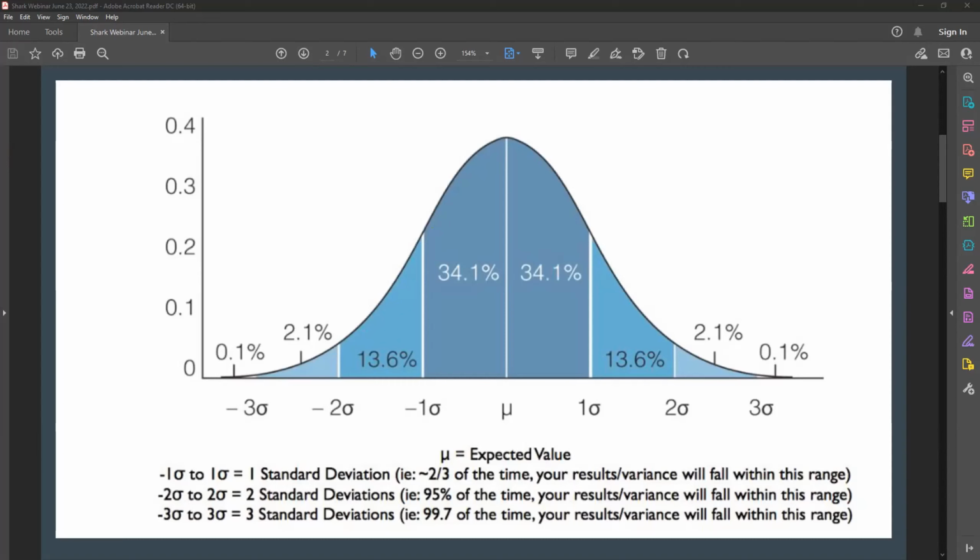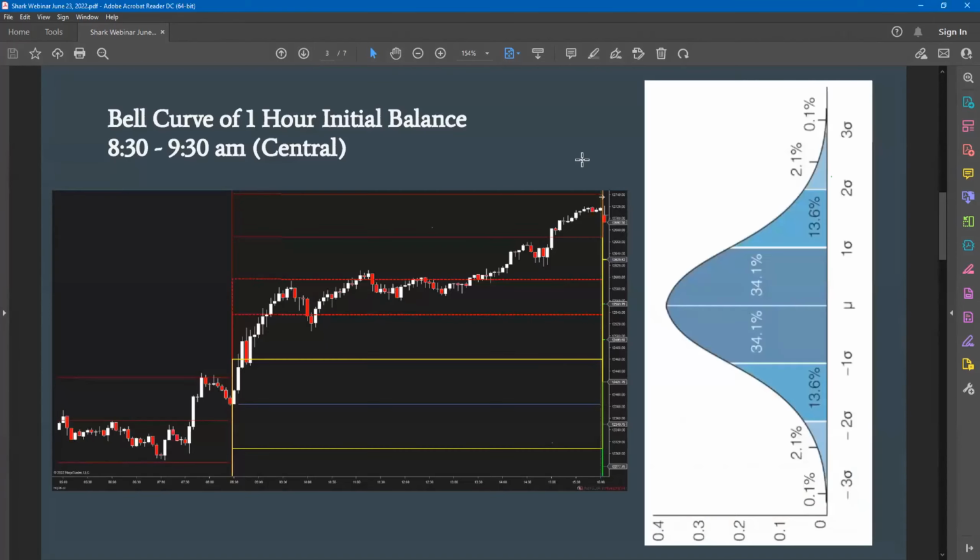So now that you're up to speed on where we are in relation to these statistical levels, let's look at another slide that will allow us to take a look at how I apply it on a trading time frame.